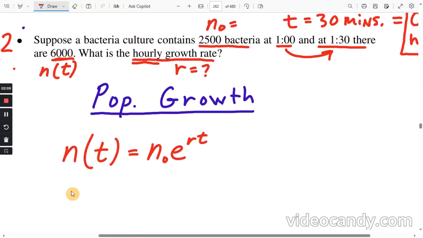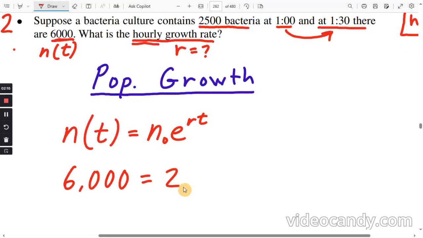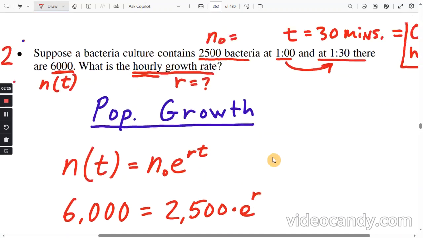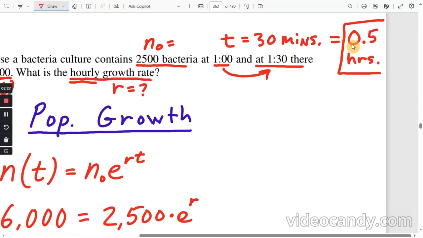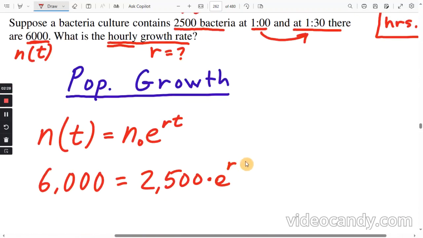N of T is going to be 6,000, N sub 0 is going to be 2,500, and that's times e to the power of R times t, which is 0.5.